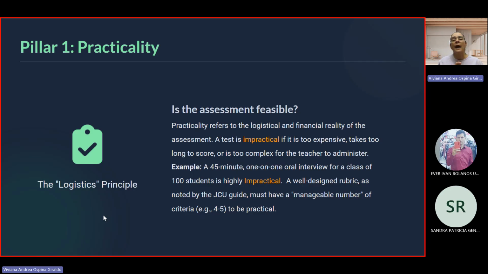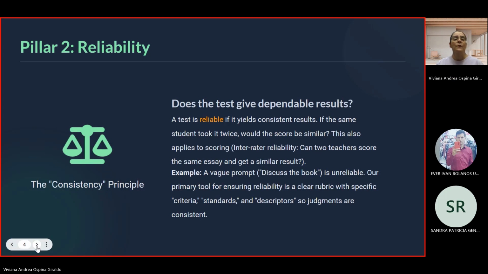When I have high numbers of students, which sometimes happens in public schools and public universities, we have a lot of students within the same classroom. So the idea is that we become a little bit more practical and able to manage the time in a better manner. The second pillar that we have here is reliability.